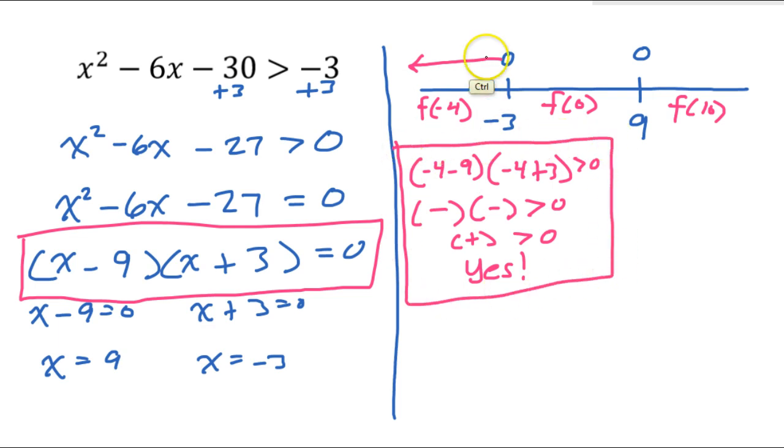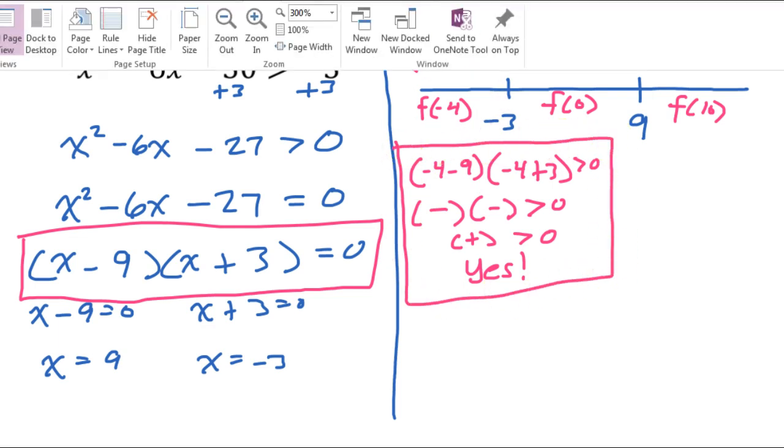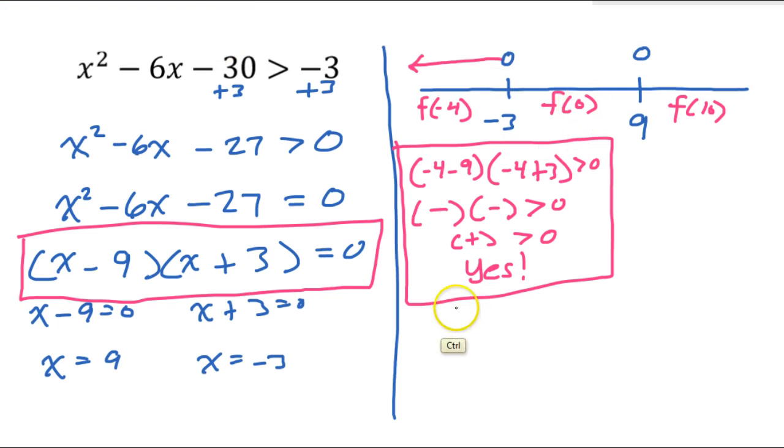Now I'm going to check 0. Doing the same thing, if I had 0 minus 9 and 0 plus 3, and I want to see if that is greater than 0, well, obviously I've got negative 9 and positive 3.